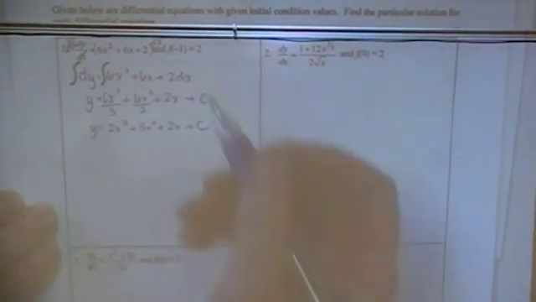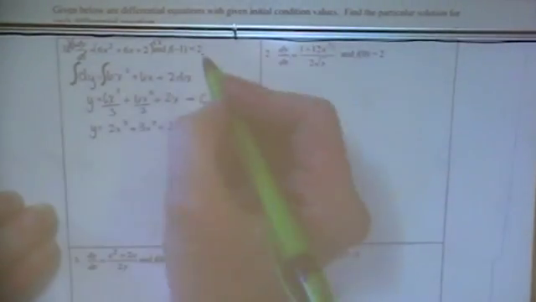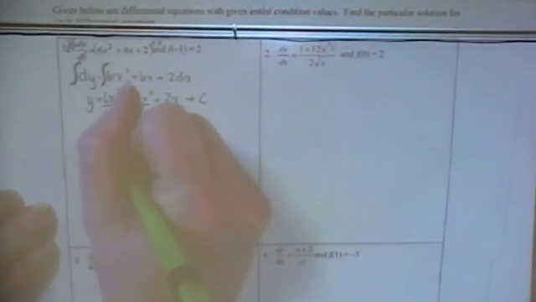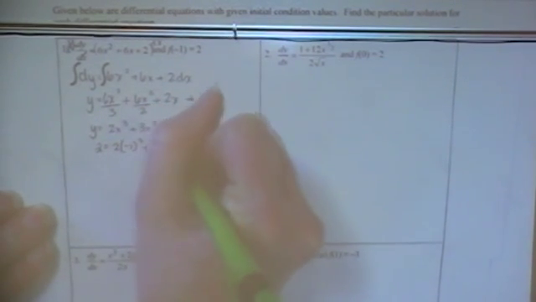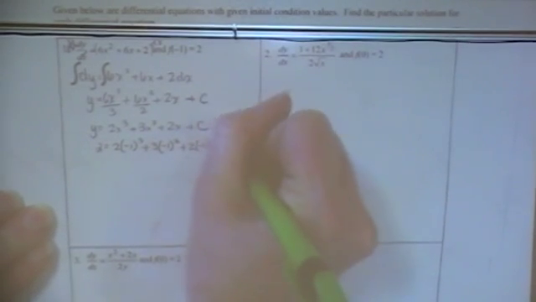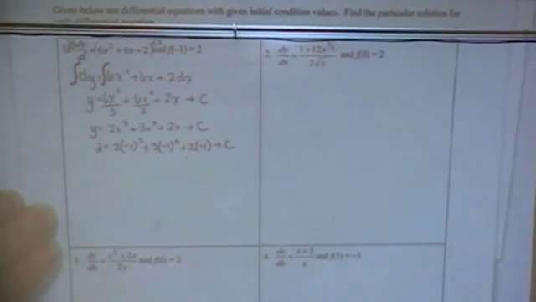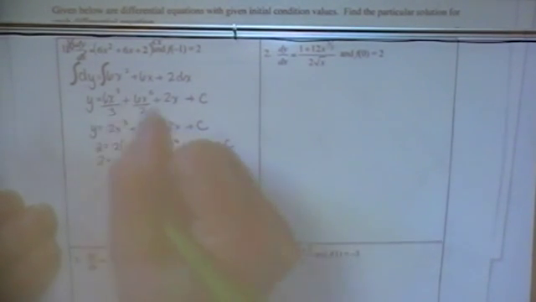And now the fact that I know this initial condition, I will plug it in. So I get 2 equals 2 times -1 cubed plus 3 times -1 squared plus 2 times -1, plus c. I'm going to do this to figure out what c equals. So let me simplify that.